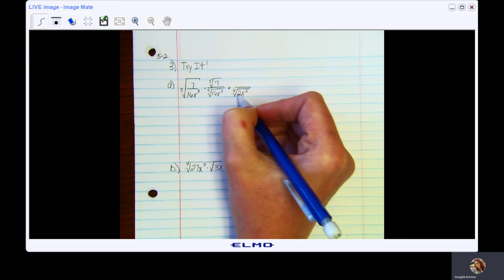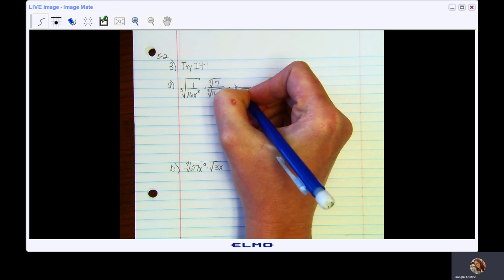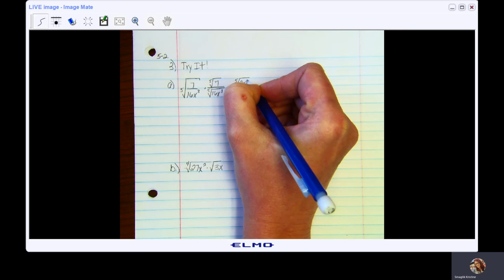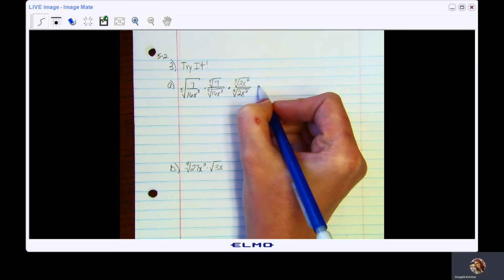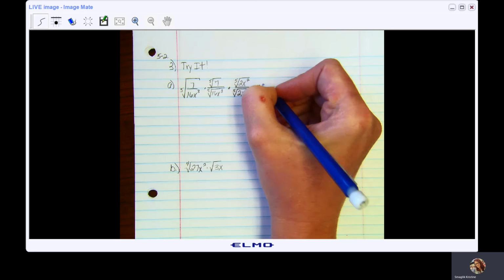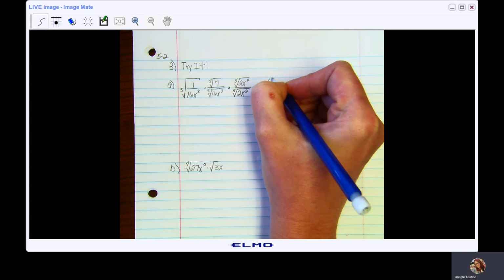So I'm going to multiply numerator and denominator by the 5th root of 2x squared. Remember, same index, you can just multiply what is underneath the radicals.